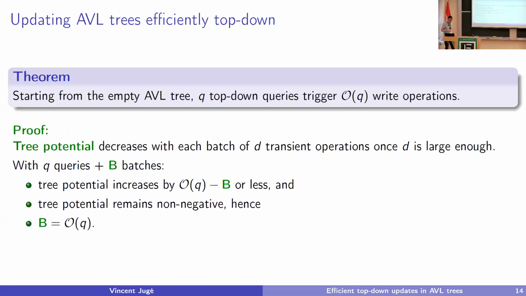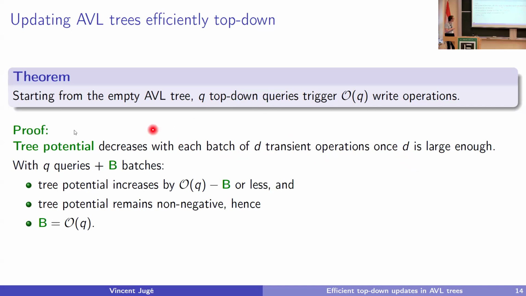So finally, if I start from an empty AVL tree and I have Q top-down queries with this algorithm, then it will trigger a linear number in Q of write operations. It's basically the proof that I already mentioned before and just 2 seconds ago. Whenever you have a batch of d transient operations, if d is large enough, then it will decrease the tree potential, but it's just d semi-normal write operations in this batch.